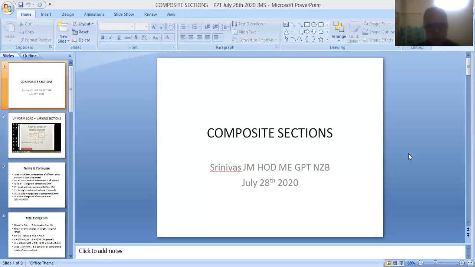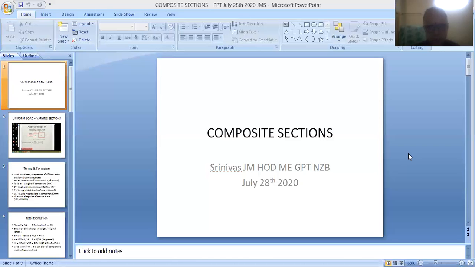Obviously, if you add up all these values, you will be getting the total elongation of the composite section. So total elongation is obtained by calculating the individual elongations and adding the elongations of all the components.